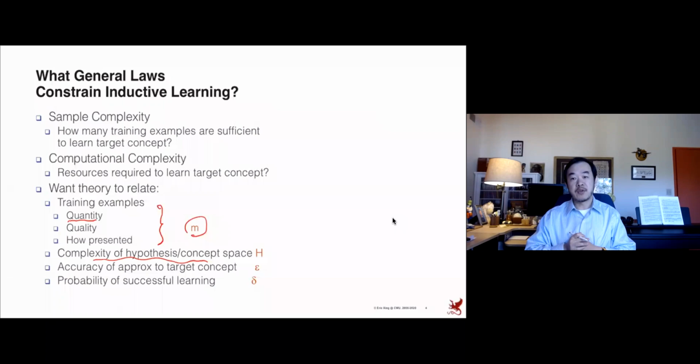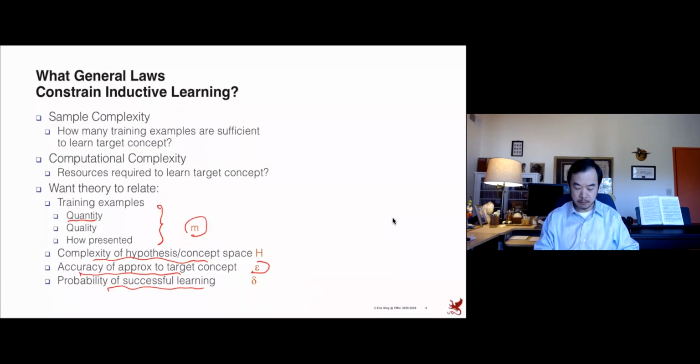It also gives you a notion of how much it takes to exhaust all the possibilities in such a space. And then we're going to introduce two probabilities that connect to the notion of accuracy. One is the accuracy of approximating the target, basically the error you're going to make on the training or on the testing examples. The other is the probability of successfully attaining that error, say it's small, then what is the probability of achieving that?